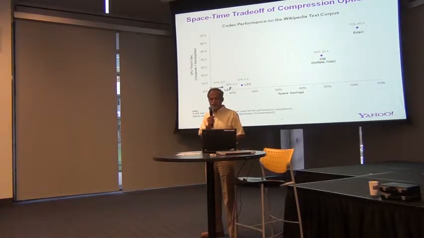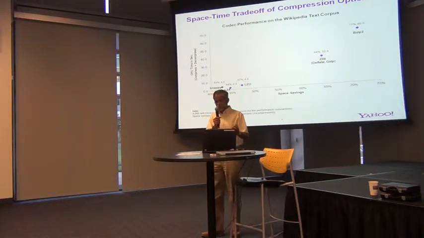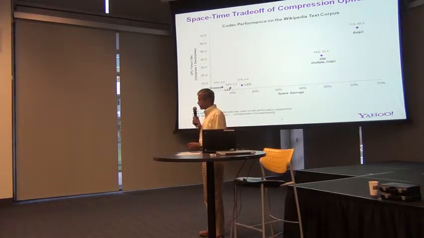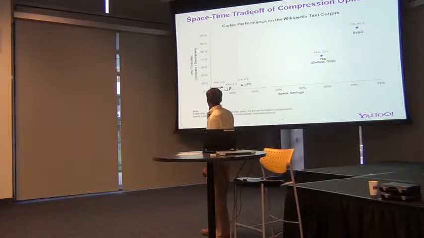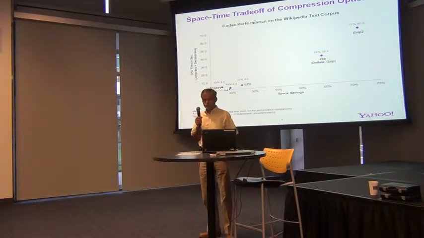On the y-axis over here is the time taken, the CPU time, and this is the addition of both compression and decompression. And on the x-axis is the extent of compression that we can do. An ideal codec would probably be on the bottom right corner of the screen, where it would operate in almost instantaneous time and give us excellent compression.